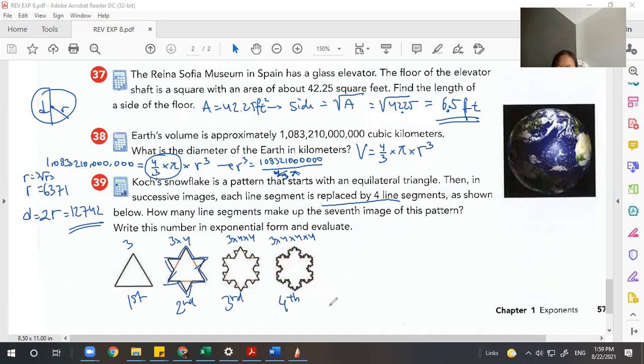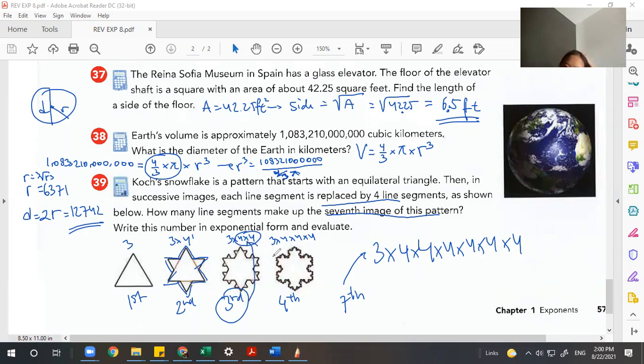Then, what is the seventh image of the pattern? How many line segments? Very simple. The first pattern has only 3. The second pattern, 3 times 4. The third pattern, you have 4 squared. The fourth pattern, you have 4 cubed. So for the seventh pattern, you will have 4 power 6, so 3 times 4 power 6.